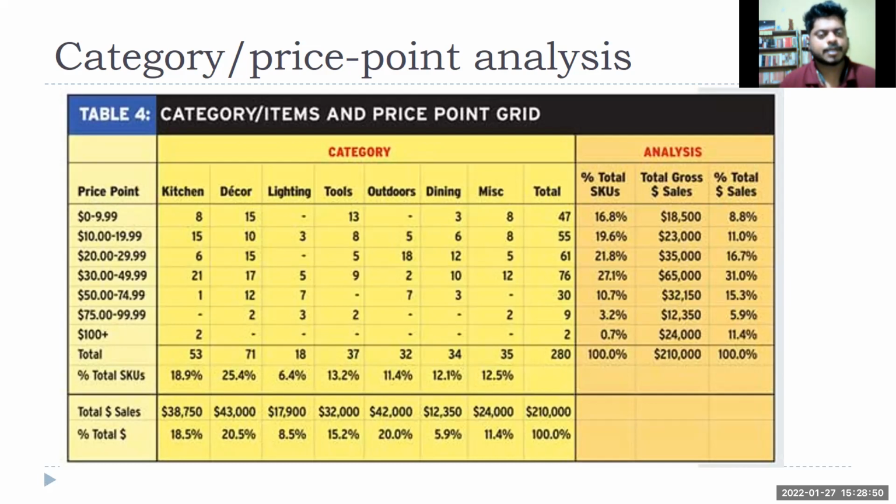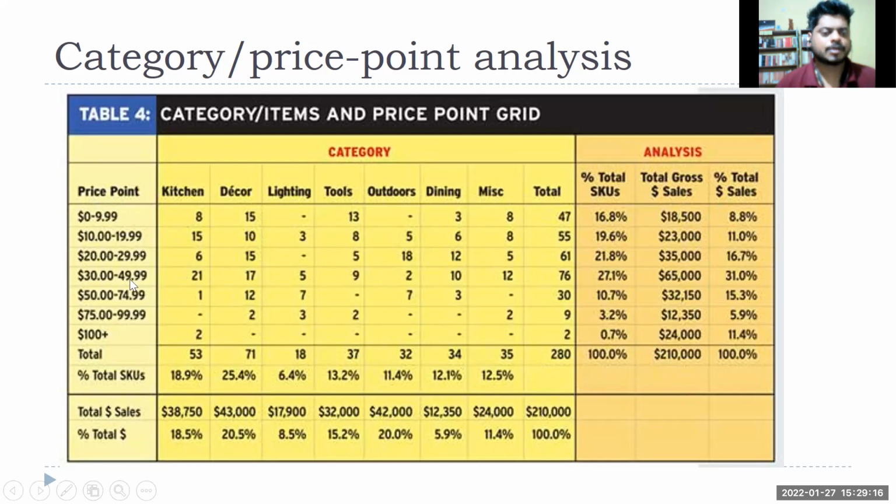Is this clear, or any doubt on the calculation? They are simply adding the total number of SKUs, which is 280. If the number of SKUs is 76, then 76 by 280 becomes 27.1%. Similarly, they are adding the total sales, which I have not given you individually, and dividing by the total sales amount of $2,10,000.